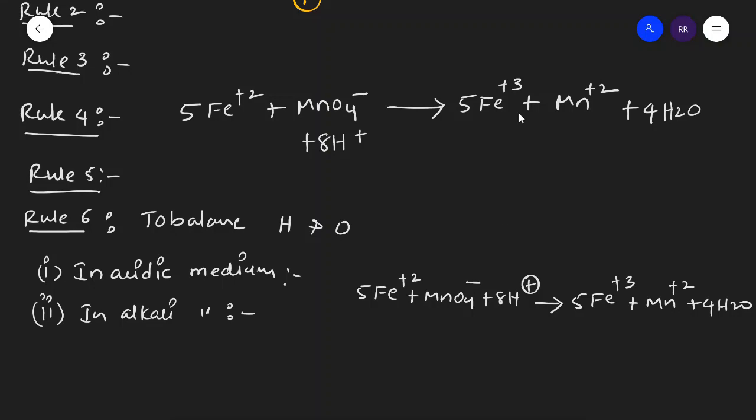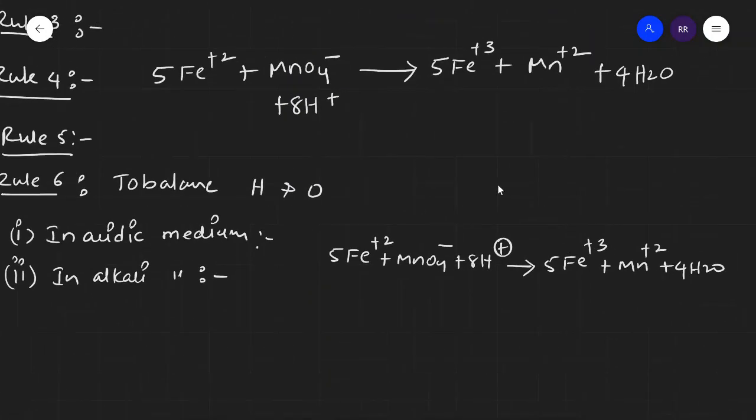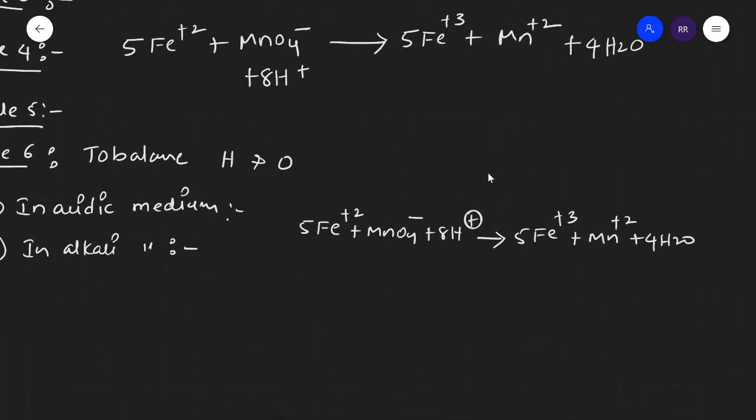If you want to cross check whether your balanced equation is correct or not, you just do one thing. You take the net charge on the reactant side. Here we have 5 into plus 2, plus minus 1, and plus 8. So what could be the net charge? Plus 17. And you check it on product side. Here plus 15 and plus 2, which is equal to plus 17.